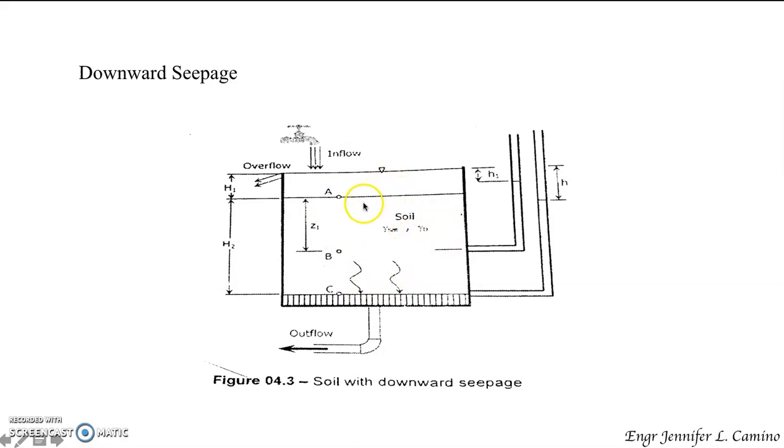You have a tank, you have a soil within the tank, and the water level in the soil tank is being maintained constant by adjusting the supply from the inflow at the top and the outflow at the bottom of the tank.